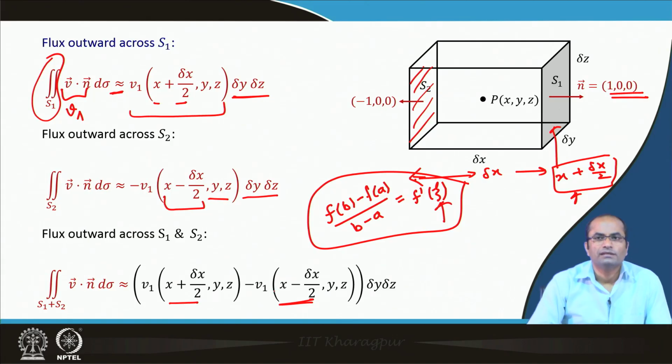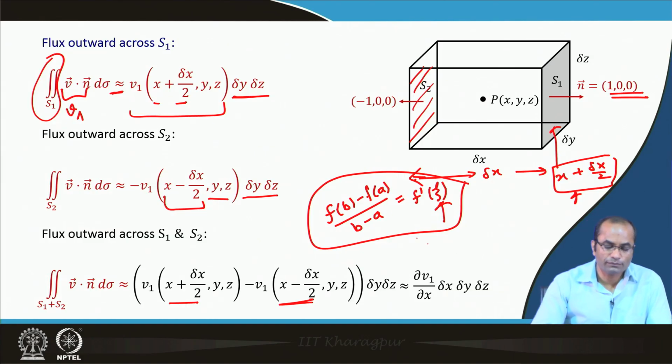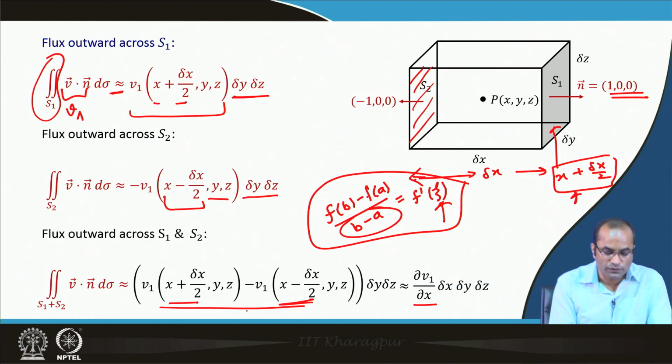We will just write approximately equal at the point x, y, z, because in the limiting situation this will approach only this point P. So, we have the partial derivative del v1 over del x, and this delta x, because we have to divide by delta x to apply this mean value theorem.